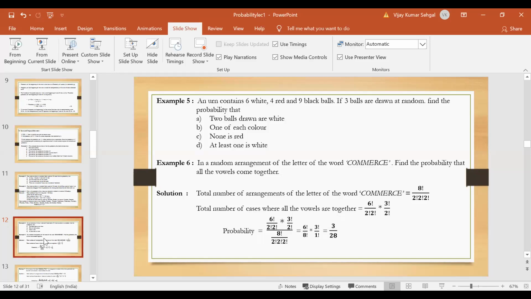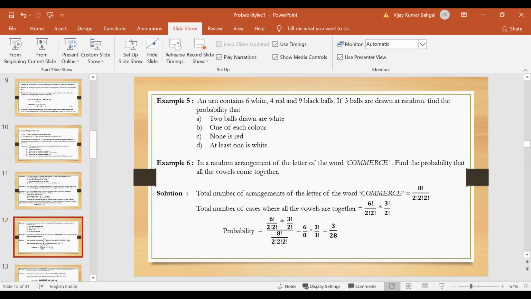We have to draw 3 balls, so here also we use combinations. Total combinations possible: 3 balls out of 19 can be drawn in 19C3 ways. So these are the total possibilities of drawing 3 balls out of 19 from the box.